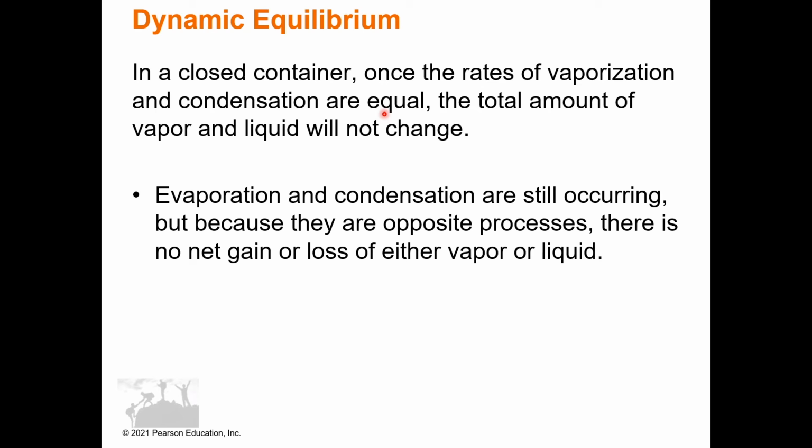Now you could have different amounts of liquid and water vapor, like let's say 100 milliliters of liquid water, but then 10 milliliters of water vapor. We can have that as long as the rates of vaporization and condensation are the same.